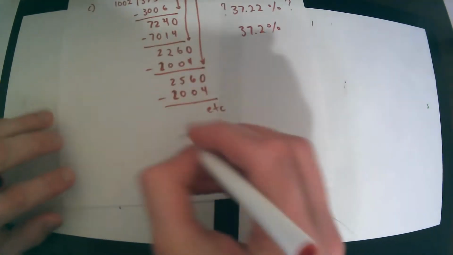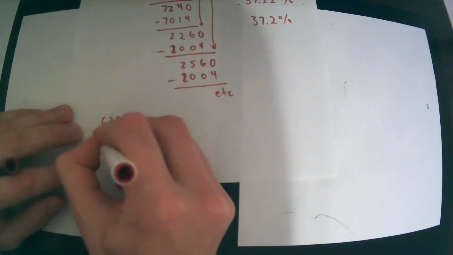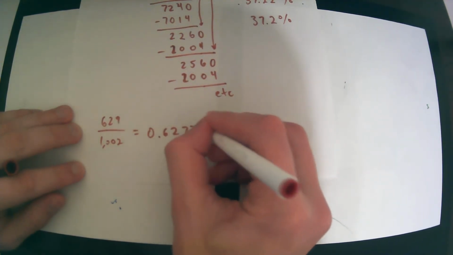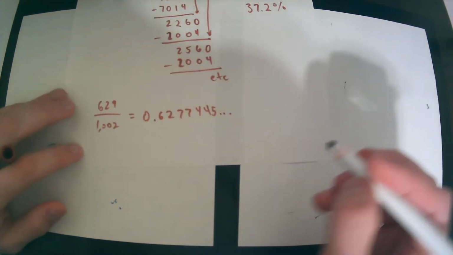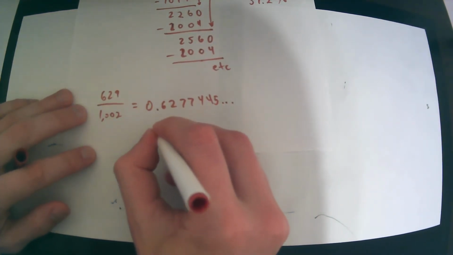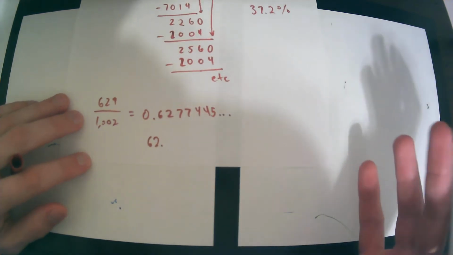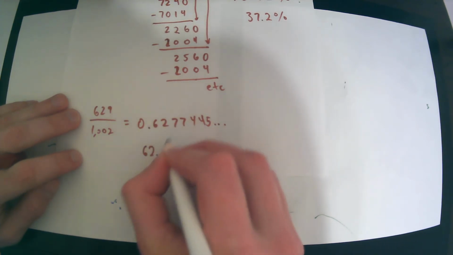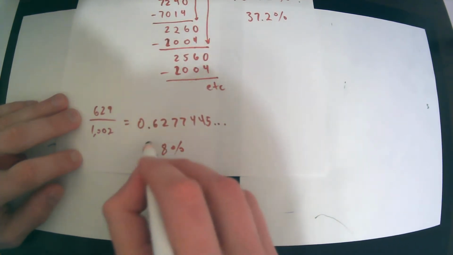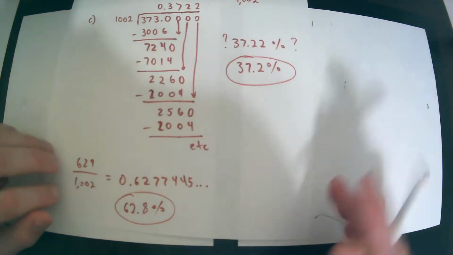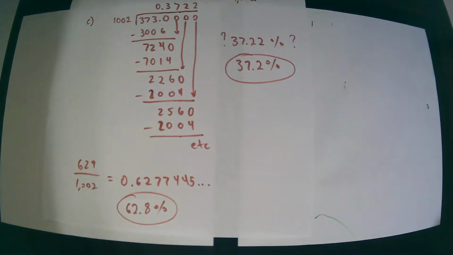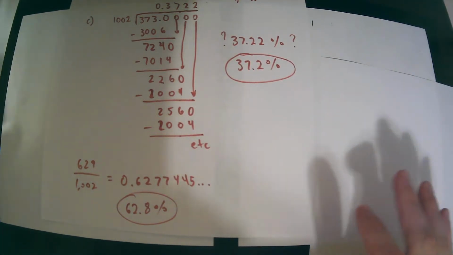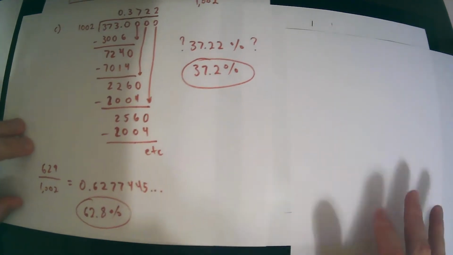I'm getting 0.62774445, etc. And writing that as a percent, if I round to the 10th place again, then it will be 62.7, but it'll round up to 62.8%. Again, it'll specify in the problem what decimal place you should round your percent to.